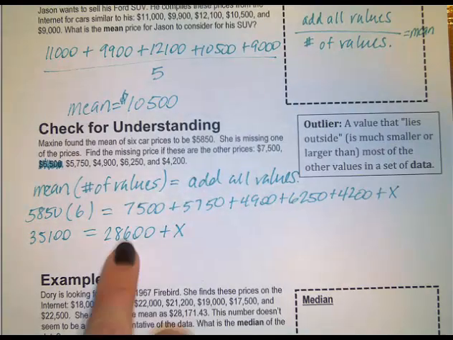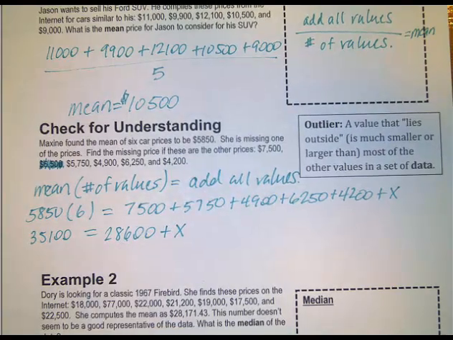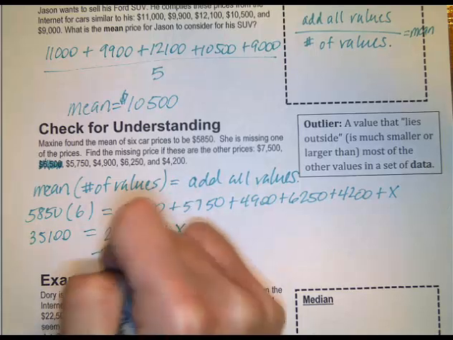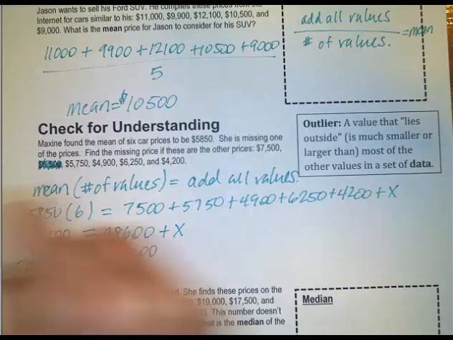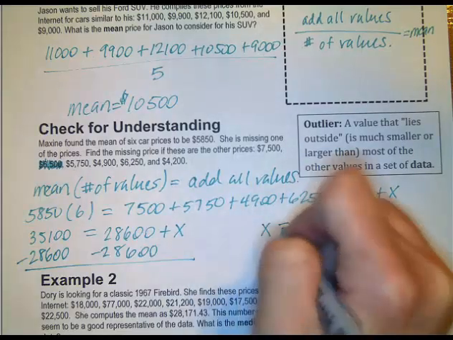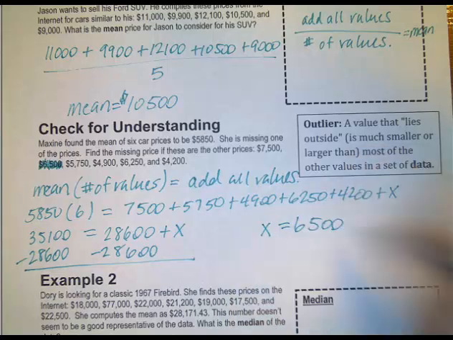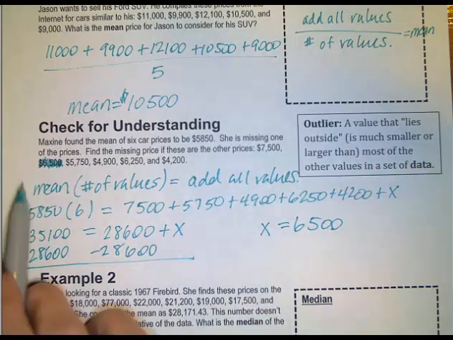So subtract your 28,600 from the 35,100. So x equals 6,500. That's how you find your missing value, which was exactly the one we crossed off.